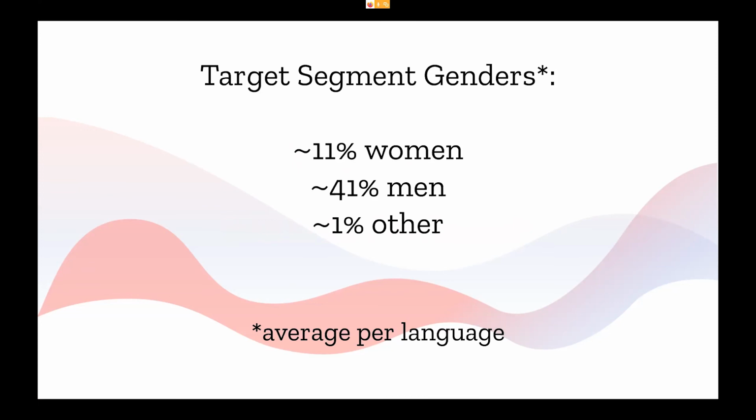We don't have information on about half the people in the data, let's say. But from the people that did give us their information, we know that we've got a skew. And this tracks with the demographics we find in the larger Common Voice set. This doesn't mean that the data is not useful for women. It doesn't mean that it's not useful for other genders. It means that we need to pay attention to these.